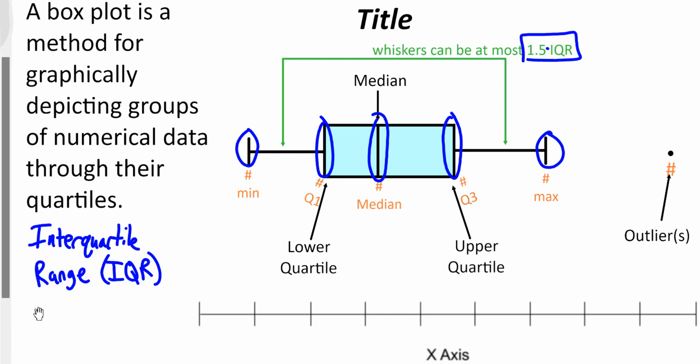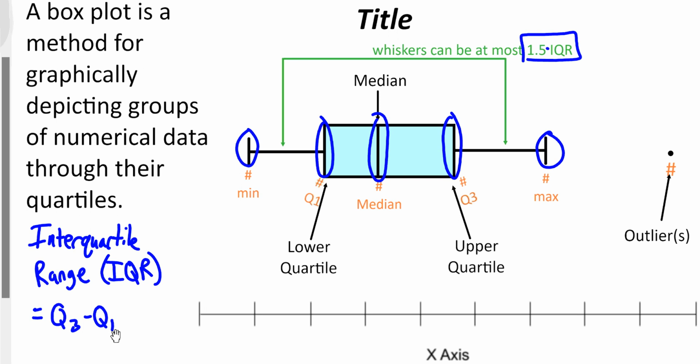And that is really quartile 3 minus quartile 2. Sorry, not quartile 2, I apologize. Quartile 2 is the median. It's quartile 3 minus quartile 1. And that is that whole box. It's the length of that box. It's the middle 50% of everything.